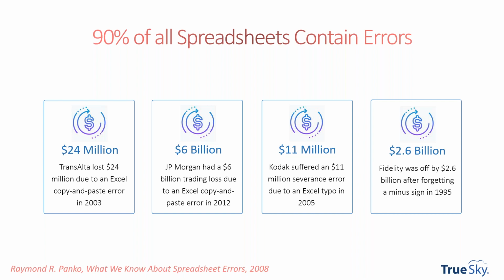Look at what happened to JP Morgan. They lost $6 billion due to copy and paste. Fidelity was off by 2.6 billion because of a minus sign. So it is very easy to have errors in Excel, and those errors can be meaningful to your organization.